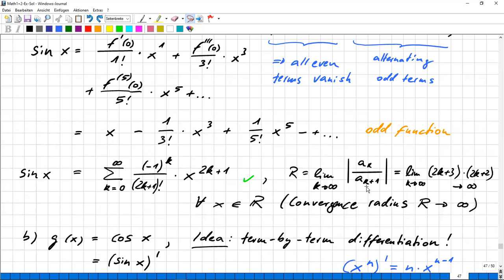Now it's a little tricky here because actually we do not have a complete power series since all the even terms vanish. So, to be honest, I would have to take a little longer journey to reason why I may anyway use this method, because I jump over one element which is 0.